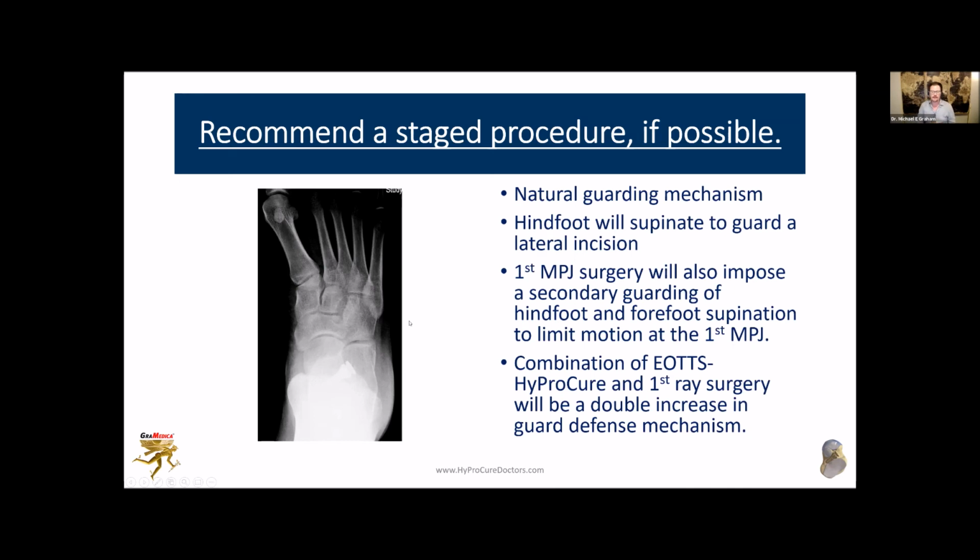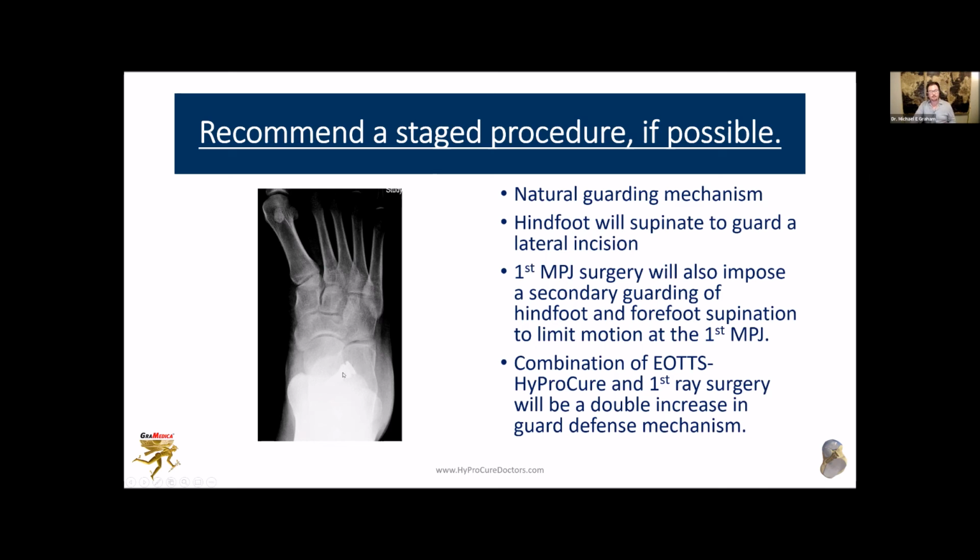Now, this is not because we were trying to perform as many surgeries on this patient spread out over the rest of their life. The reason why we do this is for the benefit of the patient, because what happens when you have hindfoot surgery, and I don't care what it is, your body naturally is going to guard the lateral aspect of your hindfoot, and it's going to force your muscles to supinate the hindfoot to try to reduce pressure while the soft tissues are healing because of the inflammation during the recovery process.